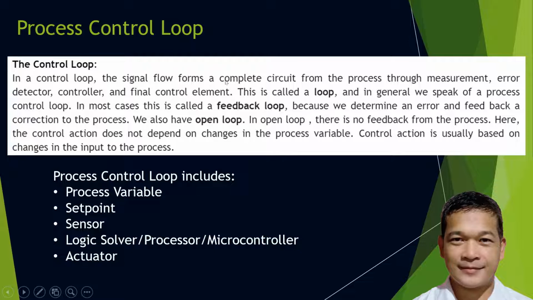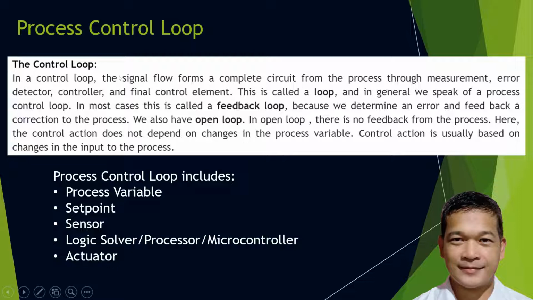When we say loop, the process keeps repeating, like our daily routine, which will be discussed in the programming control subject. When we say loop, that is looping, or it is a cycle. In general, we speak of a process control loop.